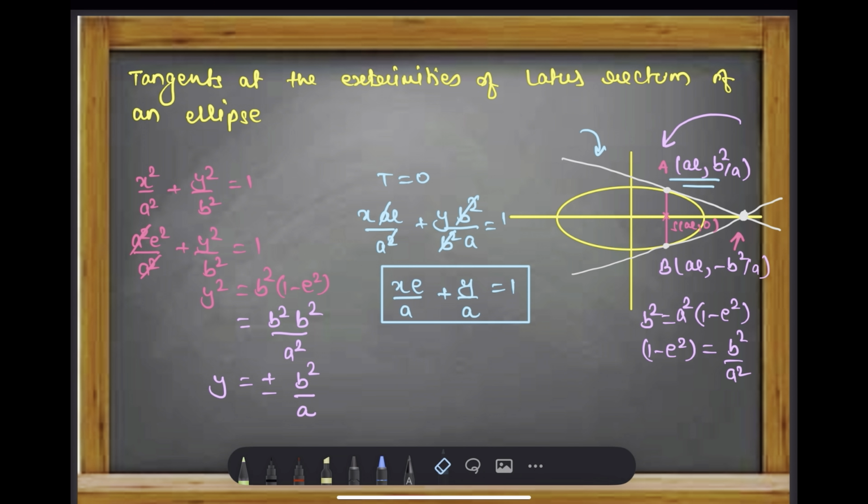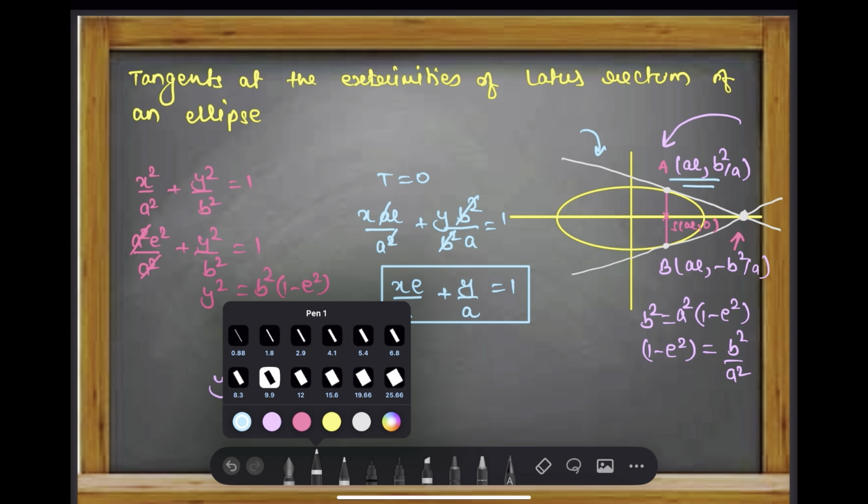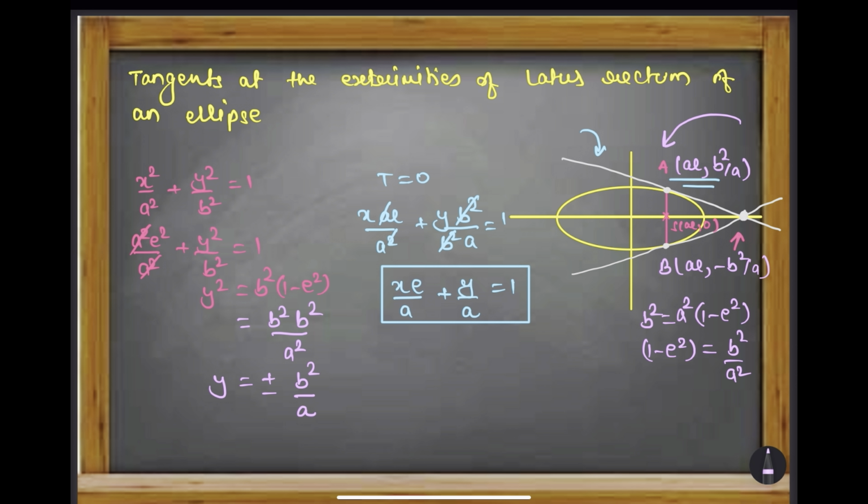Now I'll go with tangent 2. Okay, now look at this. For tangent 2, I'll go with this point. So T equals 0 again. x x1, which is a e by a square, plus y times minus b square by b square a equals 1.